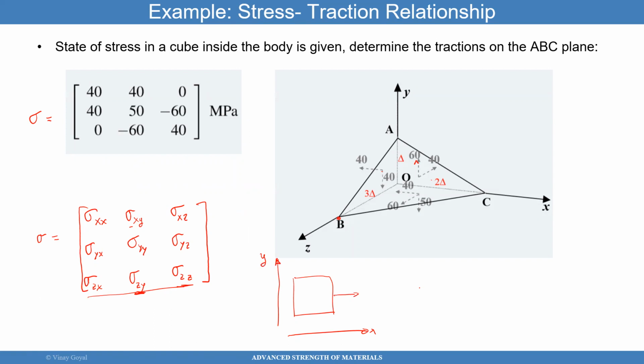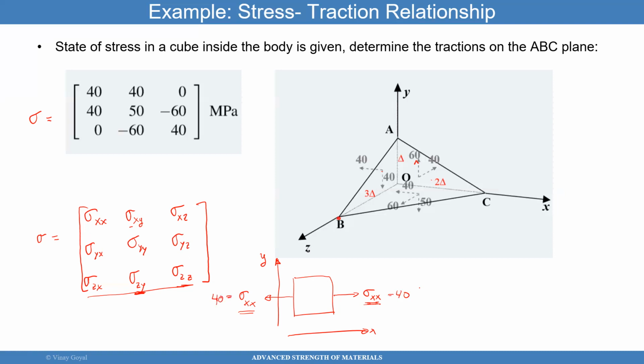Sigma xx goes that way because it's on the X face in the X direction. If I look at the opposite face, the positive sign should be this way, sigma xx. The reason is because this has to equilibrate that one. So if this is 40 in our example, this has to be 40.